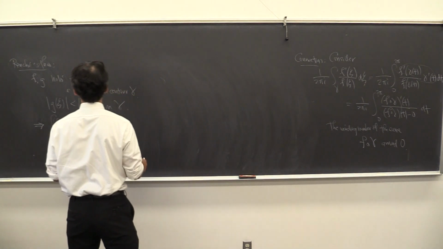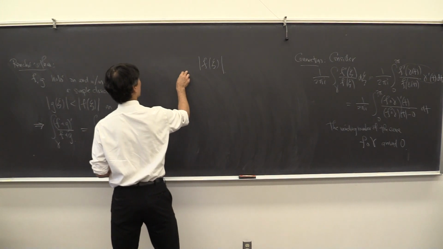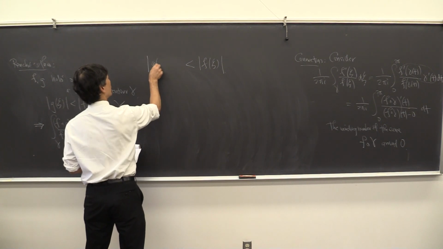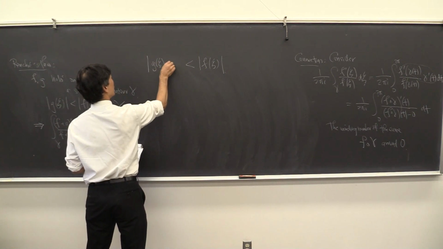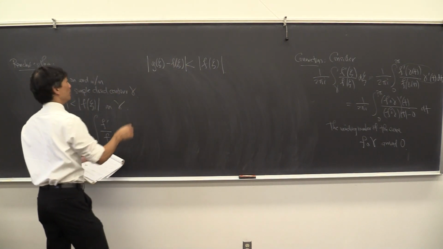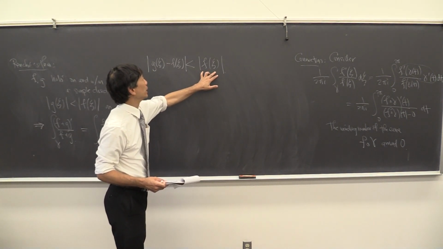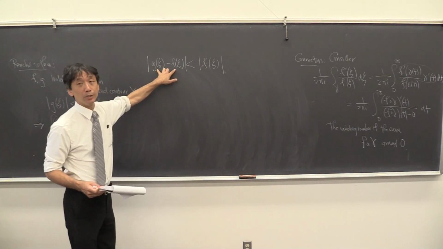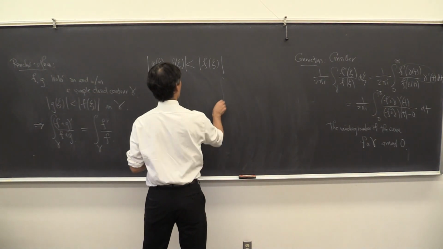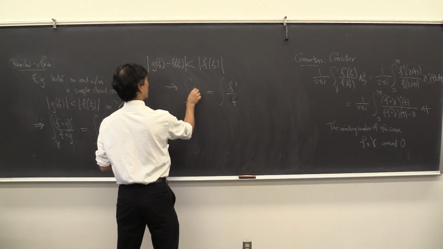If you allow me to rewrite this a little bit, I'm going to write the condition like this. If you have this and you have another function, where the size of one function is greater than the distance between the two functions, then the number of zeros of the bigger guy is the same as the number of zeros of the smaller guy.